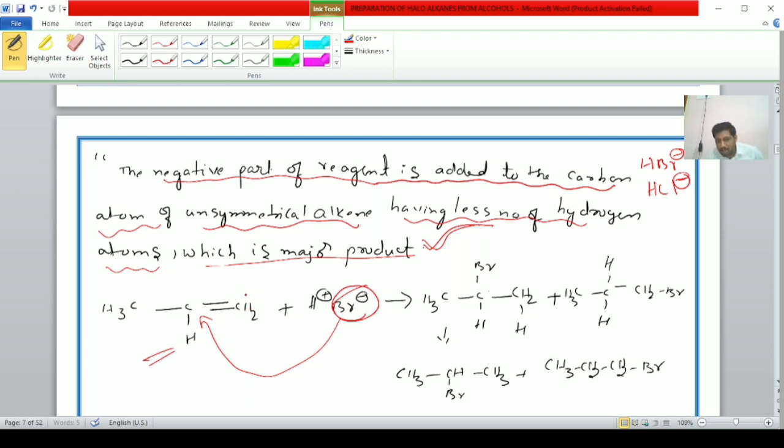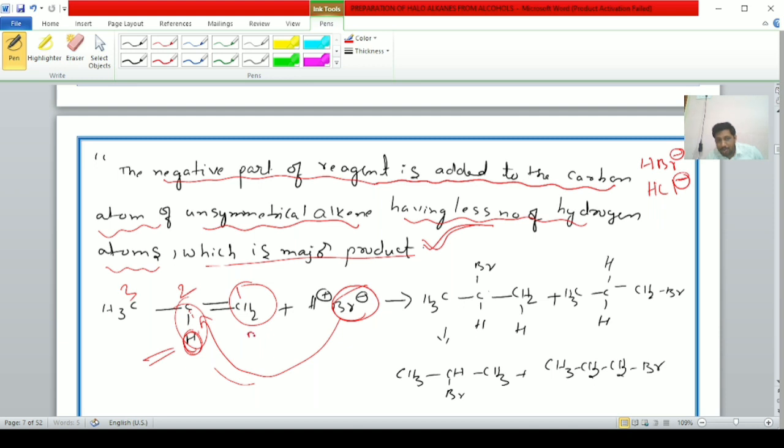In this unsymmetrical alkene, this first carbon has two hydrogen atoms, whereas the second carbon atom has one hydrogen atom. According to the rule, the negative part of the reagent is added to the carbon atom of the unsymmetrical alkene having the lesser number of hydrogen atoms.